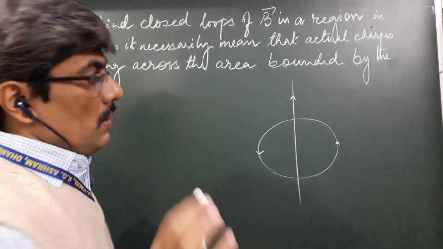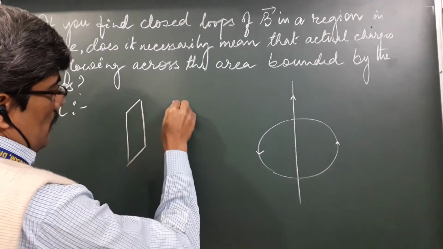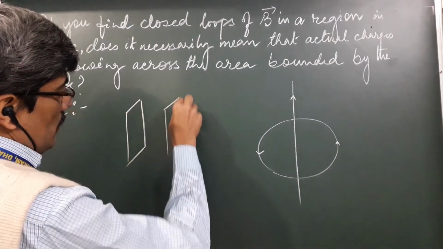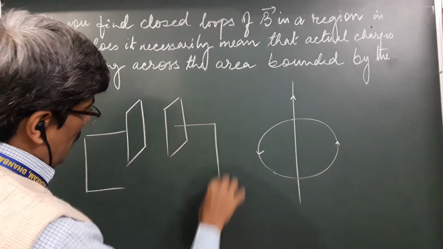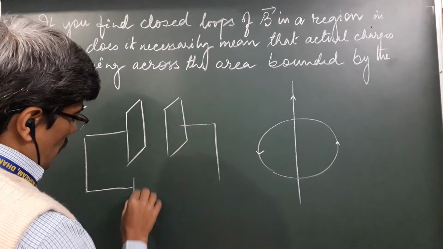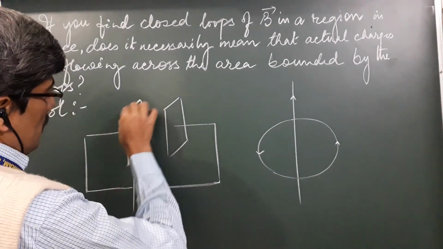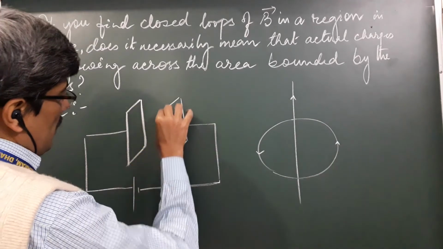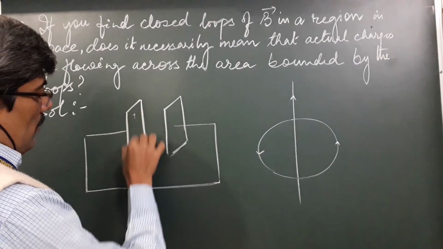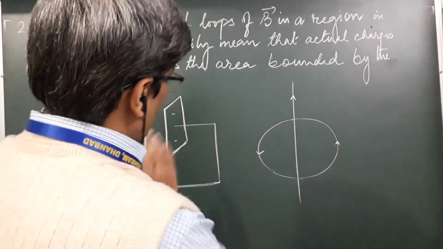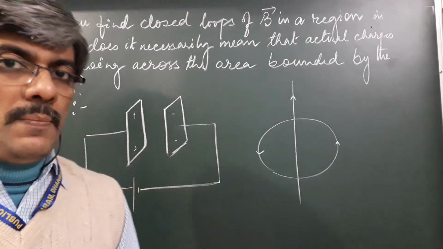But this also happens that if you have, say, two plates acting as a capacitor, and if you connect this to a source and start charging it, that means the capacitor begins to get charged, then the electric field in the space between these two plates changes with time.